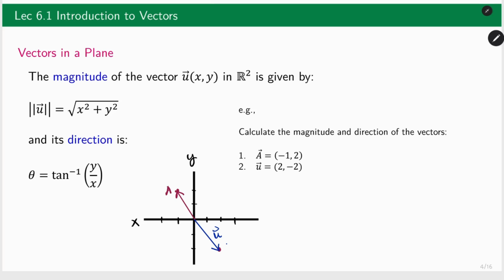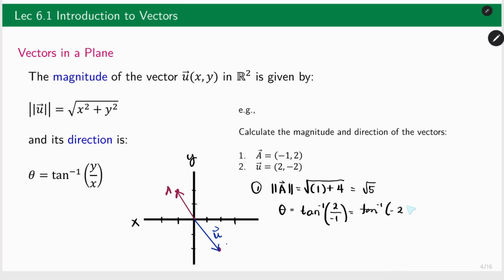Let us get the magnitude and direction of both. For the magnitude of vector A, we'll have 1 plus 4, so we have the square root of 5. That is the magnitude of vector A. The direction of vector A is arctangent of 2 over -1, which is arctangent of -2.